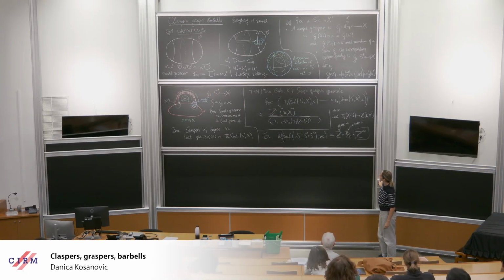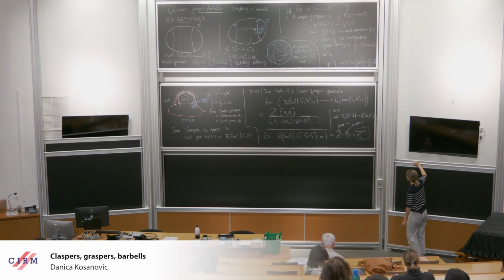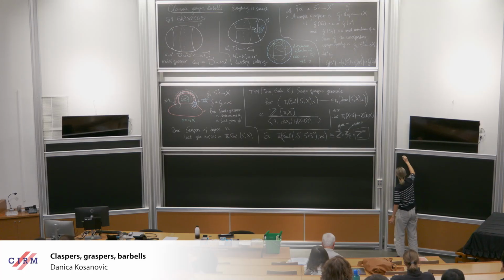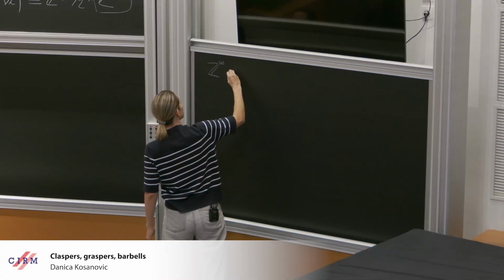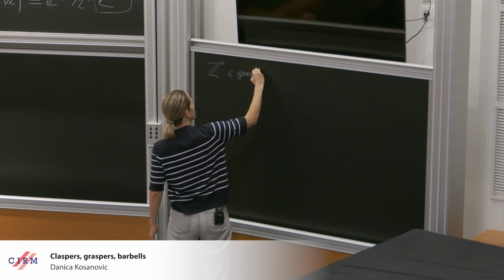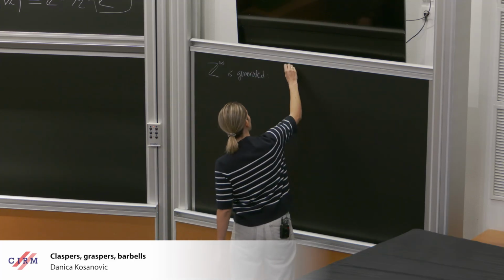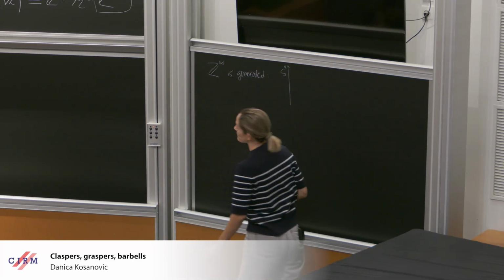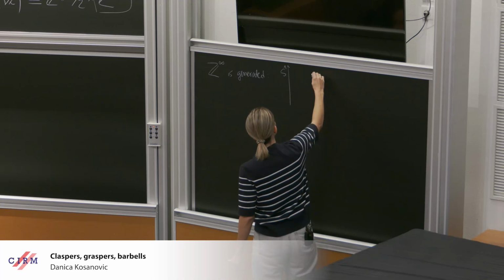So let me just draw an example. This Z^∞ is generated by, let's say this is my S1 direction in S1 × S3.